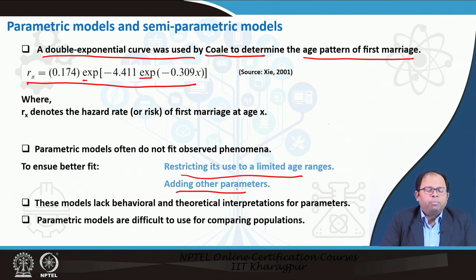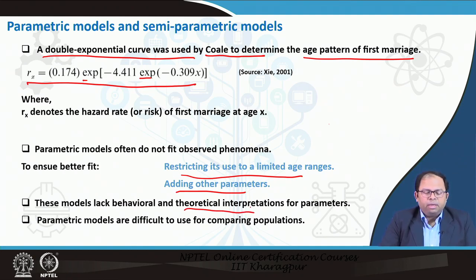So, these are the problems with this kind of equation, and these models also lack behavioral and theoretical interpretations for different parameters, because we are finding the best curve fit, and then we are saying that this is how the population fertility rate will change, or this likelihood of a person marrying at a certain age will change, but actually there are no theoretical interpretations for that.